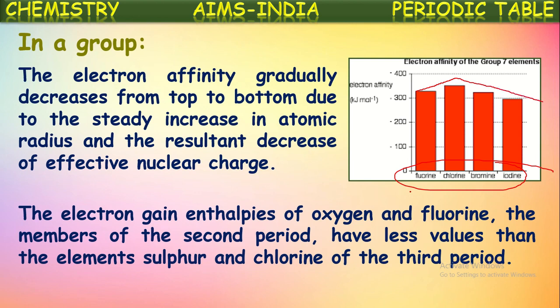So here the second period element fluorine has lower electron affinity than the third period element chlorine. This is because of the small size of fluorine. In the same way, among the sixth group elements, oxygen, sulfur, selenium, tellurium and polonium, instead of gradually decreasing from oxygen to polonium, first from oxygen to sulfur it increases. Sulfur has greater electron affinity than oxygen. After sulfur it again gradually decreases down.